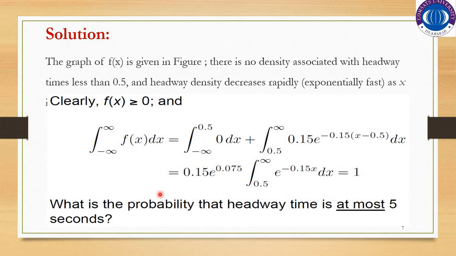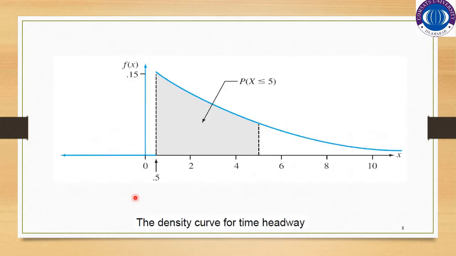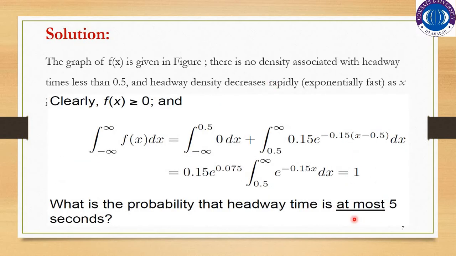Now, what is the probability that headway is at most 5 seconds? If you see, the words at most are used here. At most 5. So what will we do? If the shape of the graph is like this, it starts from 0.5 and goes to infinity. What it is saying is that you have to find the probability of x less than or equal to 5, because the words at most are used here.